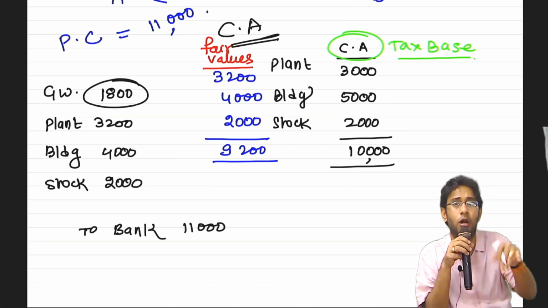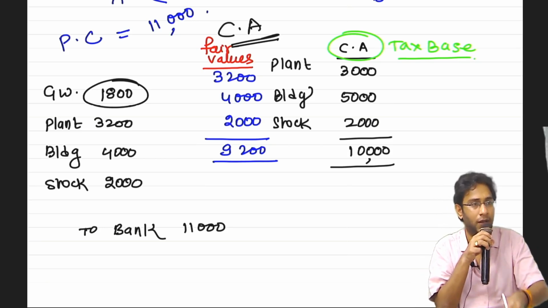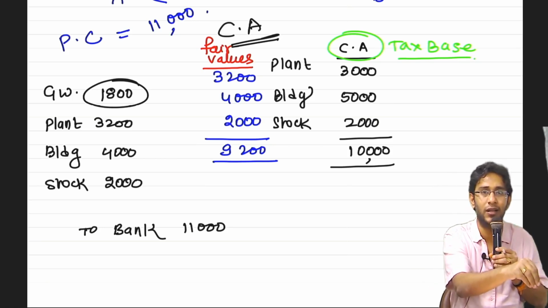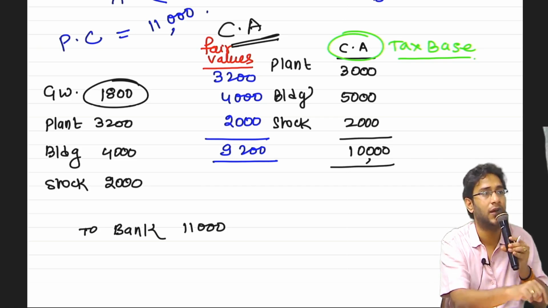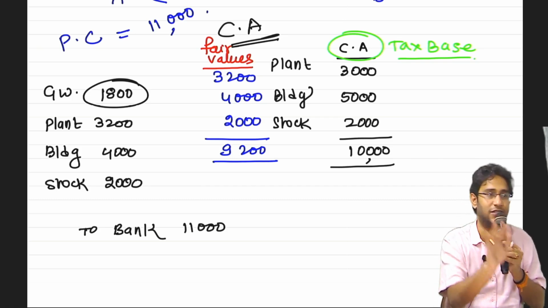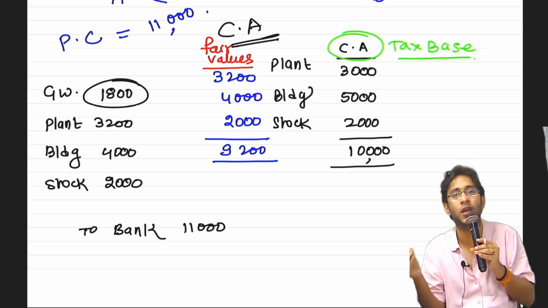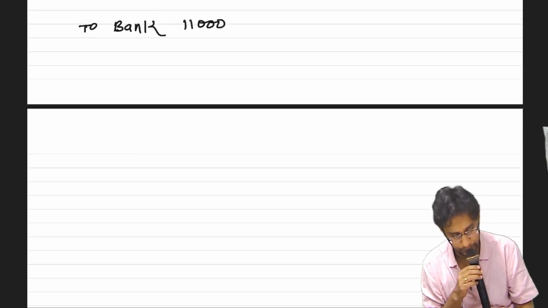Because he is going to incorporate everything at fair value, so the fair value only will become carrying amount. Whatever is given as carrying amount for the acquiring entity, in the absence of information, that only you have to accept it as tax base. So what is visible as CA in the question is not CA, that is tax base. What is visible as fair value in the question, that's not fair value, that is actually your carrying amount. Clear sir? Now let's start.